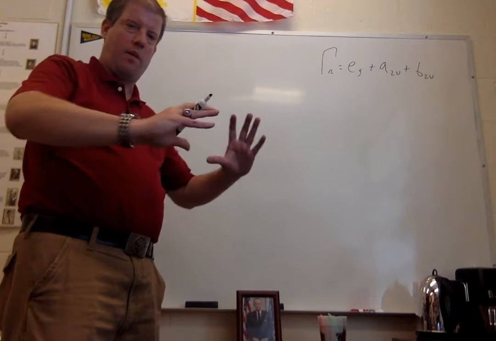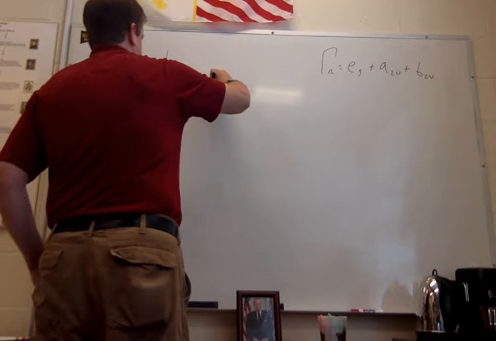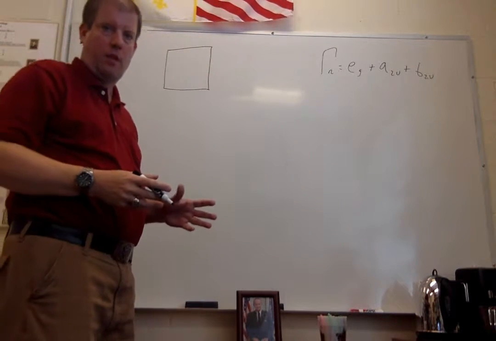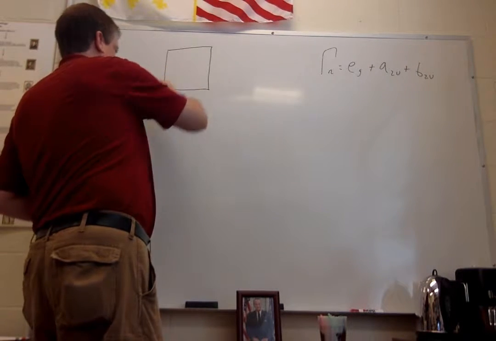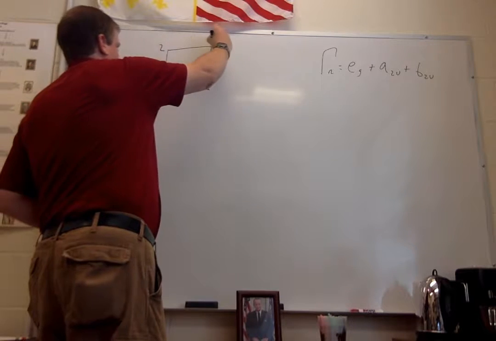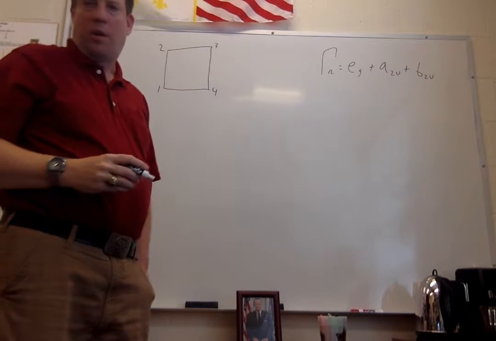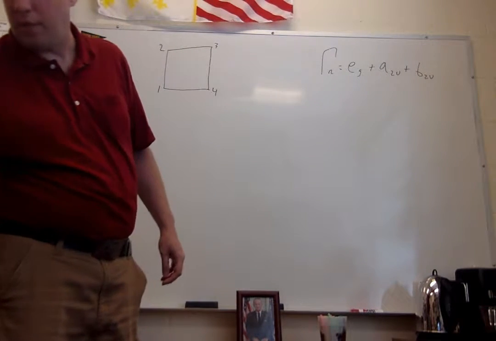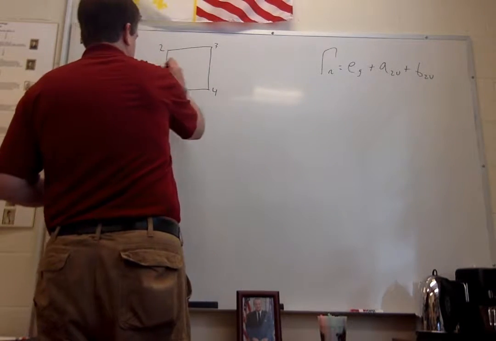So again, to make this a little easier to see, look at the molecule top down. The p orbital here I'm going to call 1, this is 2, this is 3, and that's 4. So we're going to use the p orbitals as the basis set for the projection operator method.